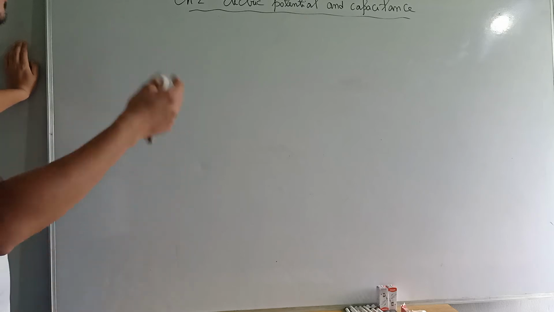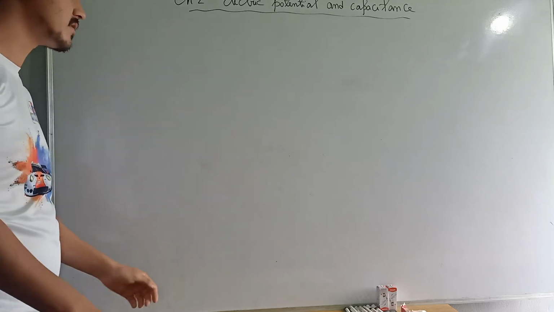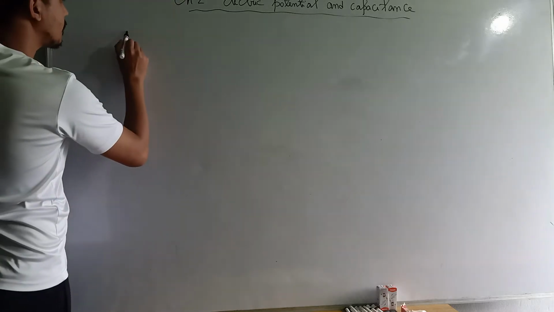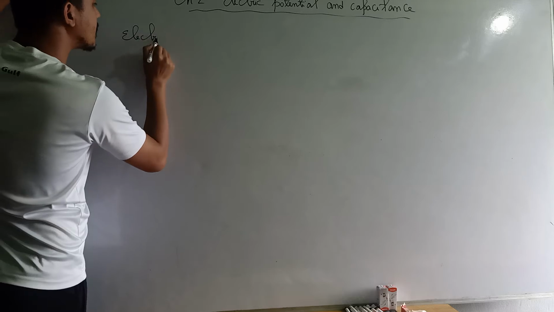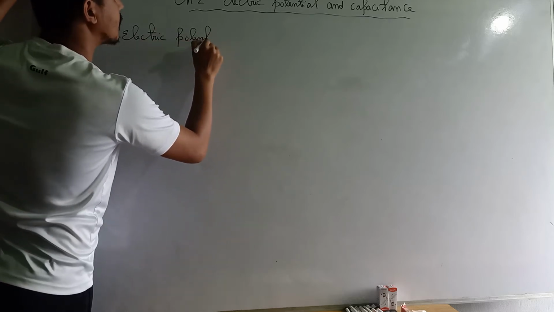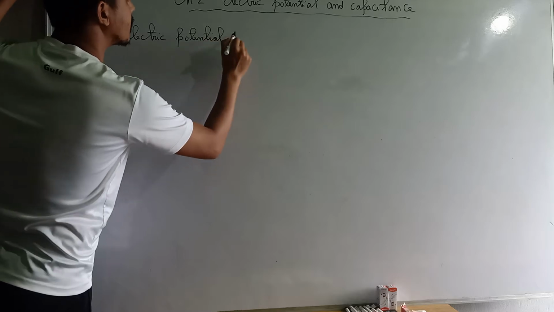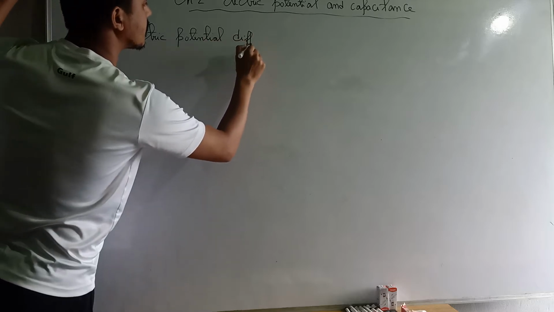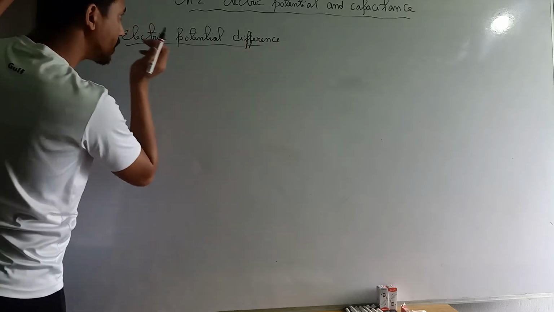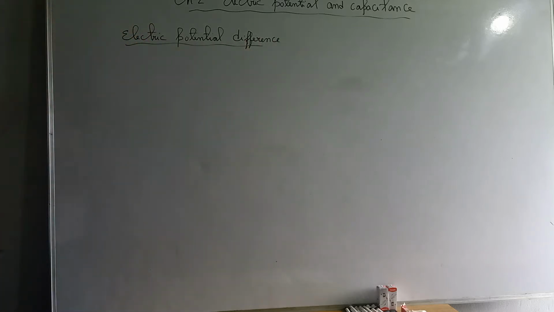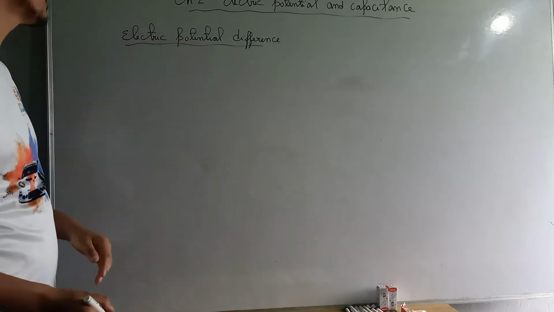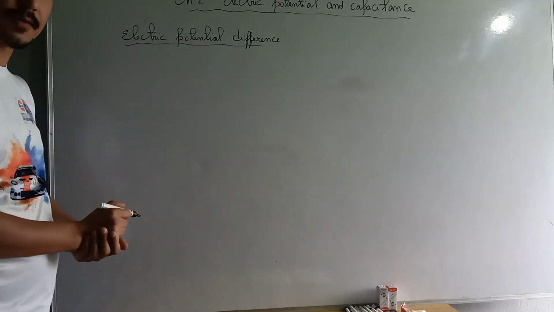We cannot define exactly what is potential in physics, but we can define what is electric potential difference. That we can define very easily. The word potential is not properly defined in physics when I say only potential. But when I say electric potential difference, that we can easily define. Okay?